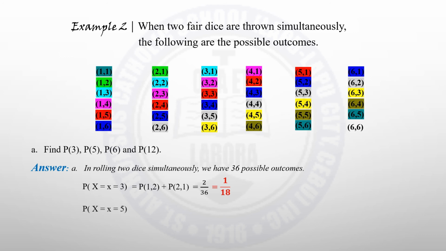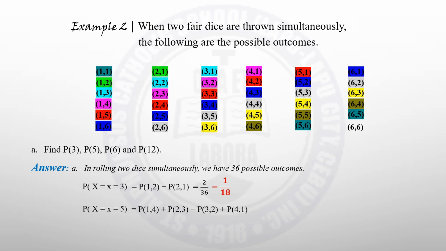So next is P of 5, or the possible value of 5. We write the notation first. P of uppercase X, or the random variable, equals lowercase x equals 5 as the possible outcome for the sum of the two fair dice being thrown, equals P of (1, 4) plus P of (2, 3) plus P of (3, 2) plus P of (4, 1).